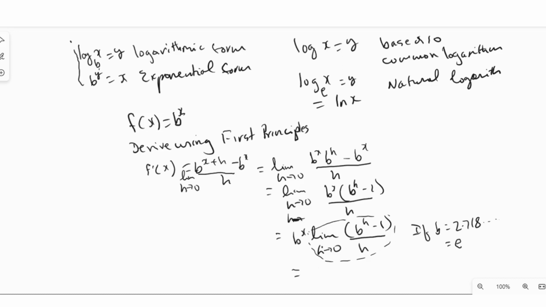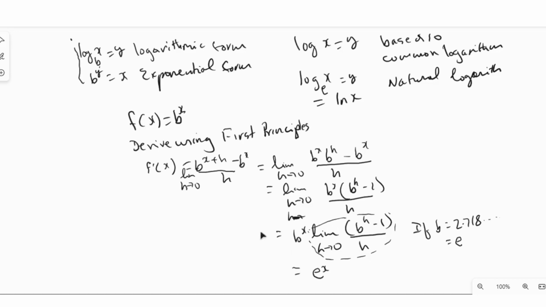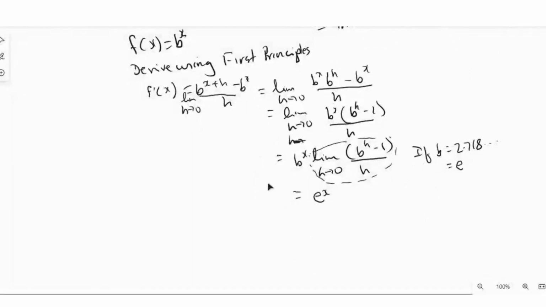Therefore, if b is changed to e, it will be e to the power x. So that's why the derivative of e to the power x is e to the power x.